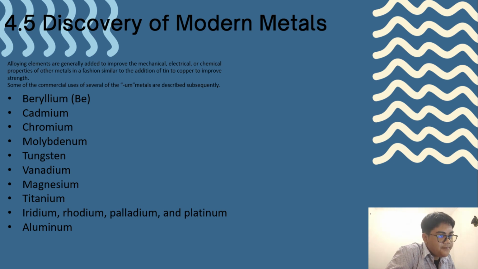Next we got molybdenum. It was discovered in 1781 and is primarily used as an alloy addition to steels. However, molybdenum melts at 2,620 degrees Celsius compared to about 1,540 degrees Celsius for iron.